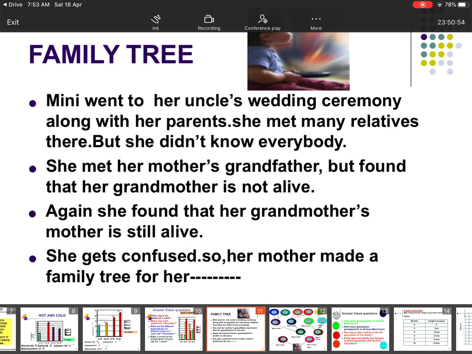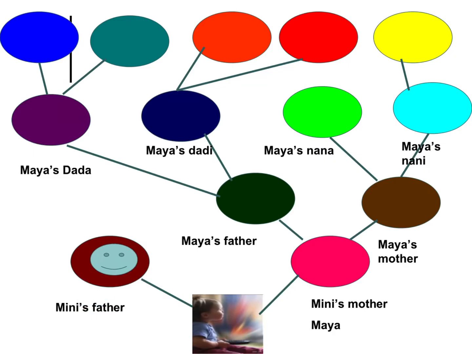Now it is Minnie. Minnie's mother is Maya. Minnie's father and Minnie's mother. Okay. Now Maya has her mother and Maya's father.